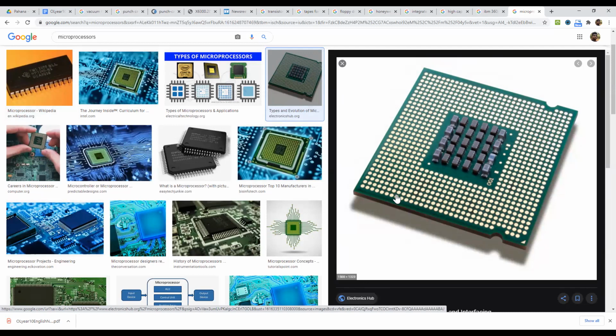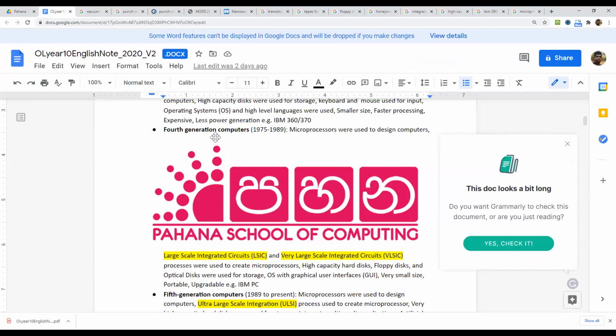And nowadays, even in the fifth generation computers, we still have microprocessors, but the number of transistors that you can put inside is quite large compared to previous years. So from fourth generation onwards, microprocessors were used, and the number of transistors that you can put inside kept getting larger. The technology used for that is called large scale integrated circuit, or we say LSIC.